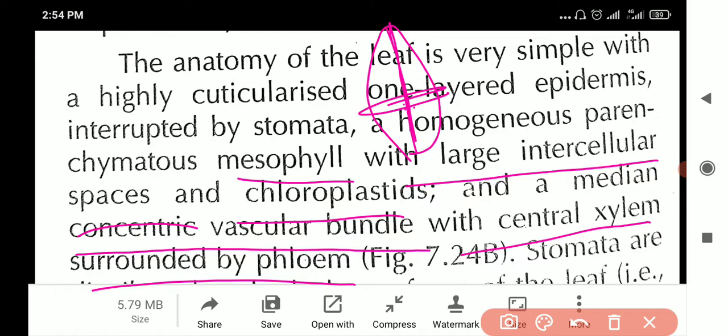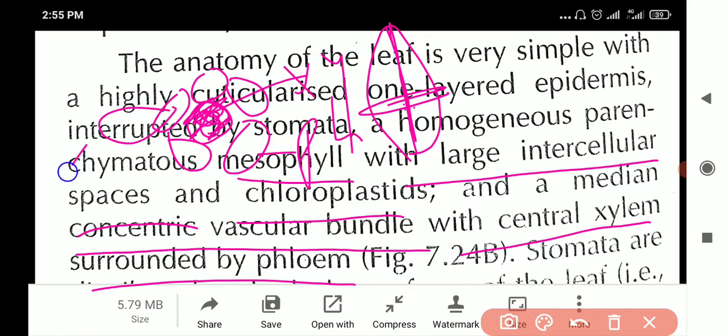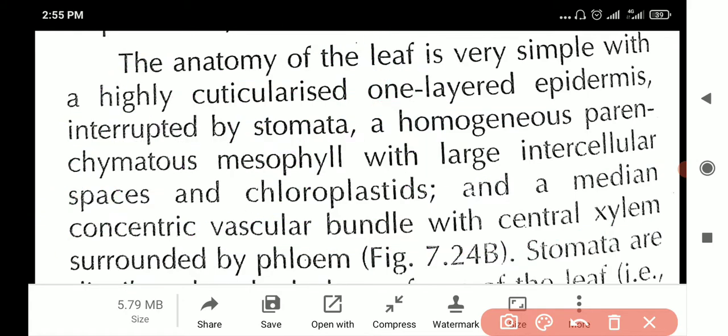Remember the diagram we could not make out. Here is the xylem, and all these other cells are the phloem. So this is the phloem, this is the xylem, and the rest are mesophyll cells.